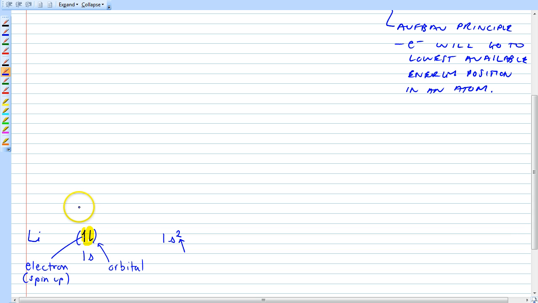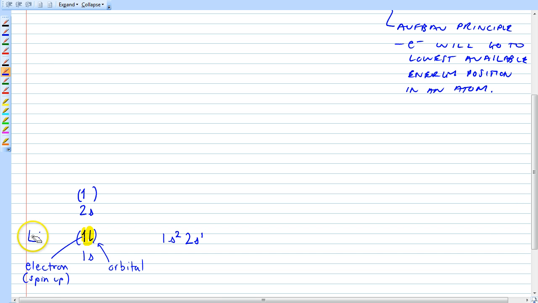So what I have to do is go up to the next energy level, 2, and put an electron in the first sublevel of that energy level. So that would be lithium. Now lithium's electron configuration, written like this, would be 1s2 2s1. So there's 1 electron in the 2s sublevel.